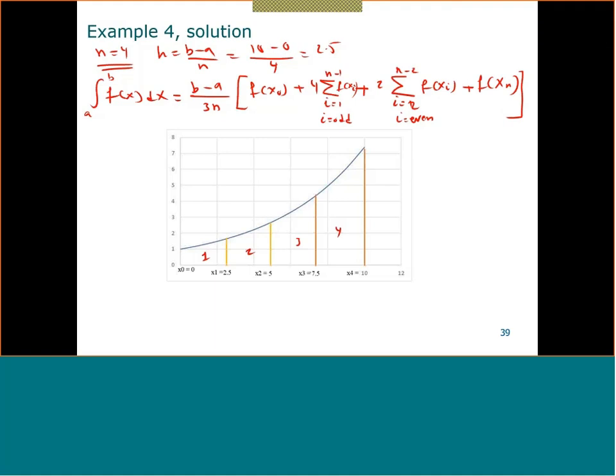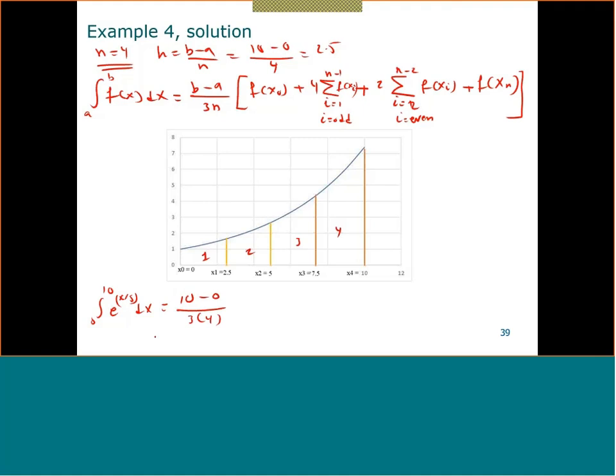So we substitute. This becomes the integration from 0 to 10 of my function, e to the x over 5, dx, equal to b minus a, so 10 minus 0, divided by 3n, where n is equal to 4 segments.